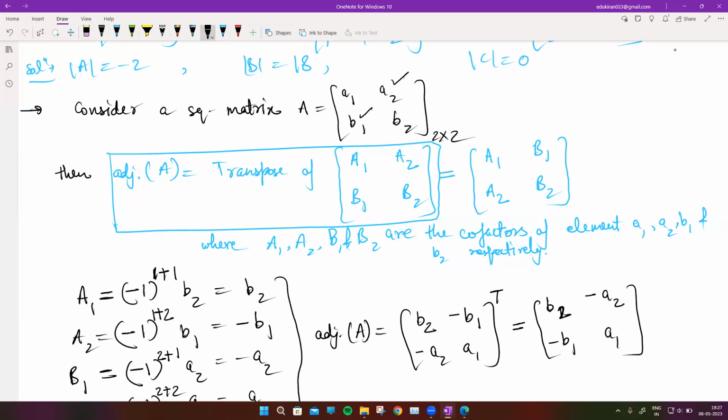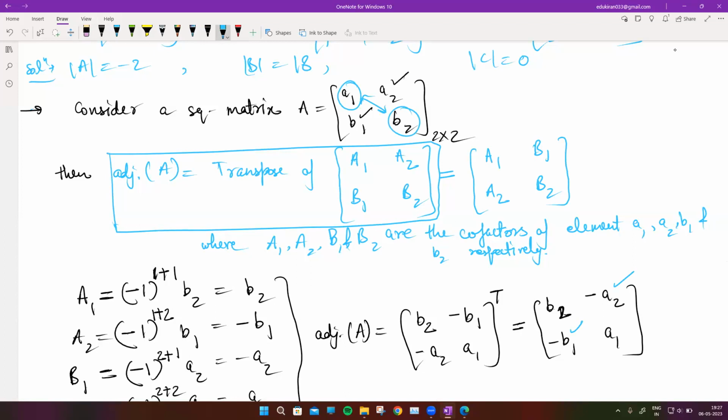Observe that these two values haven't changed. Rather, they have only been multiplied by -1, and these two diagonal elements got interchanged. Right? So for 2 cross 2, there is a very simple shortcut to find the adjoint.